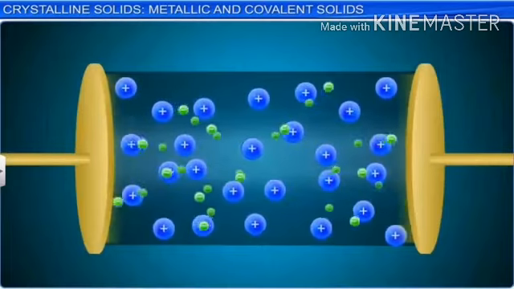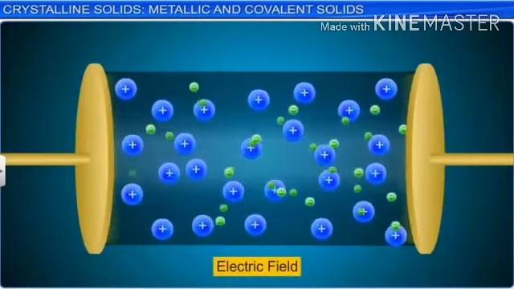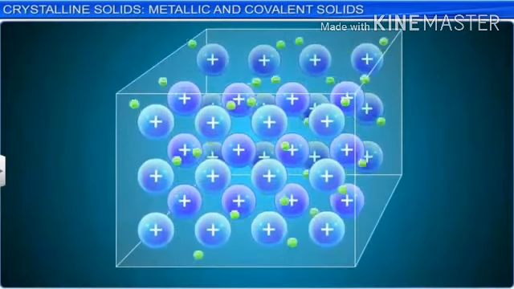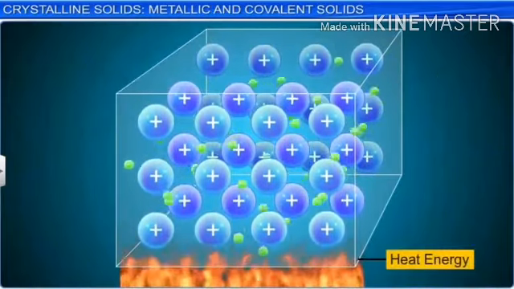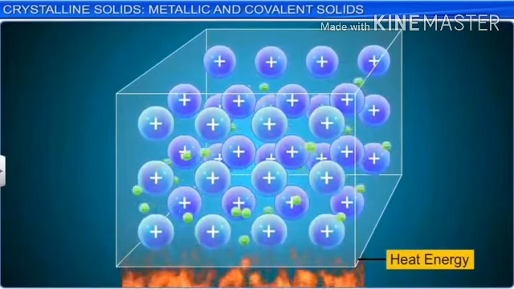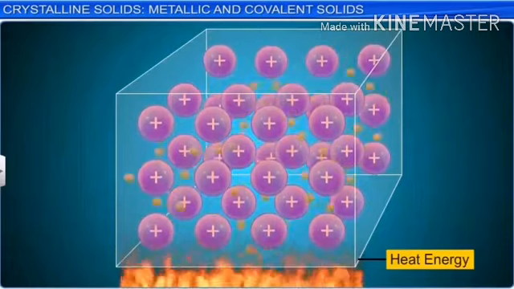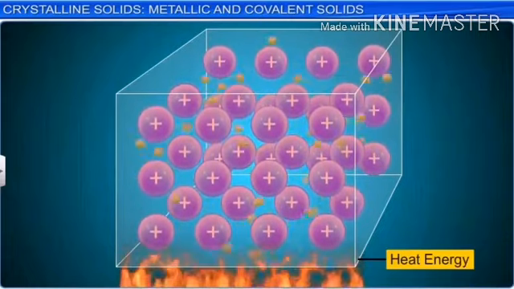When an electric field is applied, these electrons flow through the network of positive ions. And when heat is applied to one portion of the metal, the thermal energy is uniformly spread throughout by the free electrons present in it.